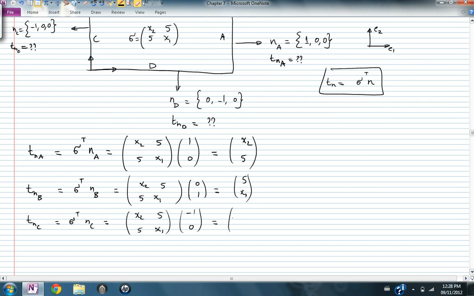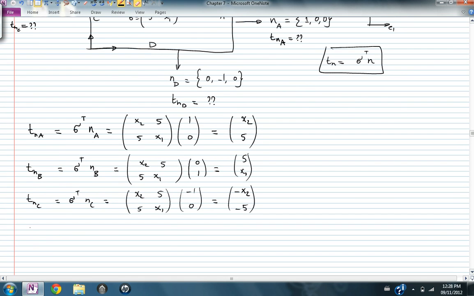This is equal to negative x2, negative 5. The traction vector NT is equal to sigma transpose the normal vector on the boundary D, x2, 5, x1, 0, negative 1. So this is equal to negative 5, negative x1.